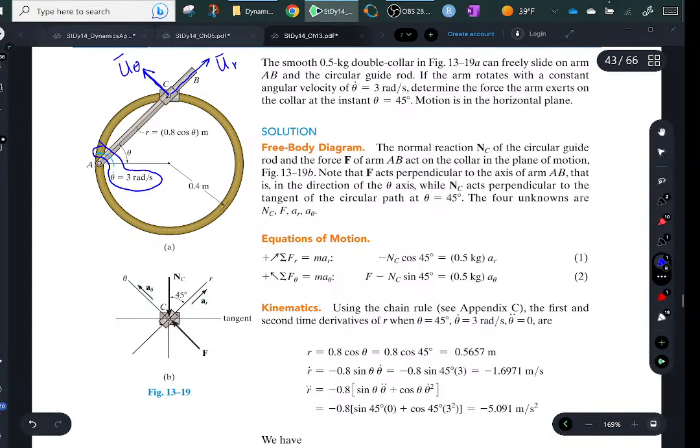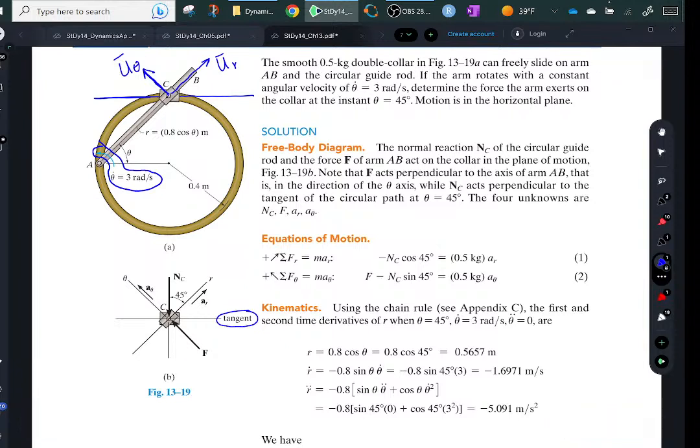However, because the tangent to the path of the particle is this way, here's your tangent, it's pretty easy for this normal to be described, but it needs to be broken into its components along each direction.